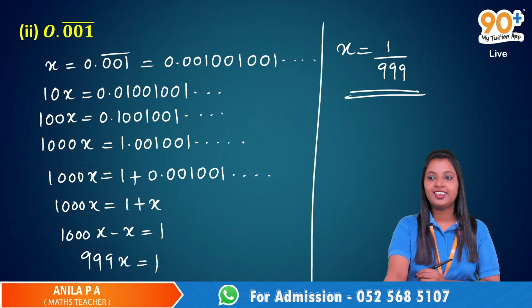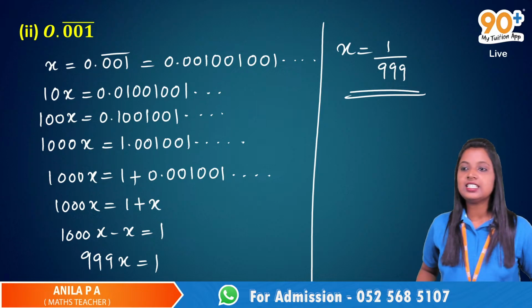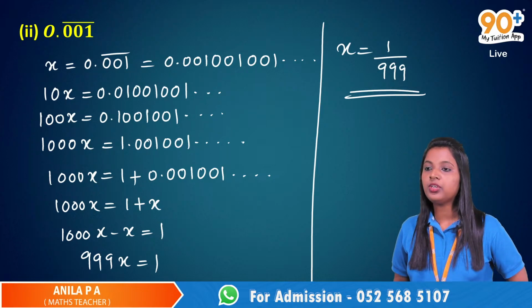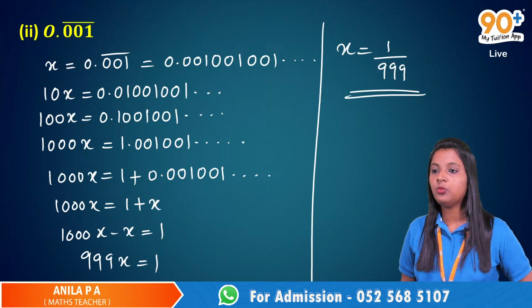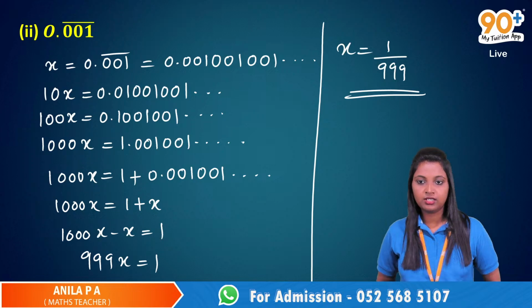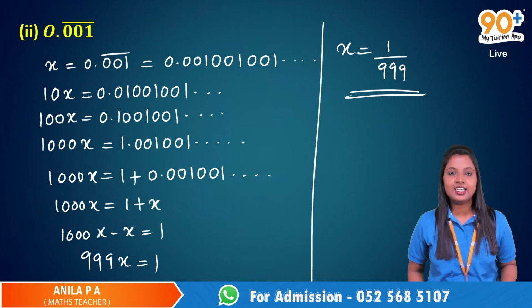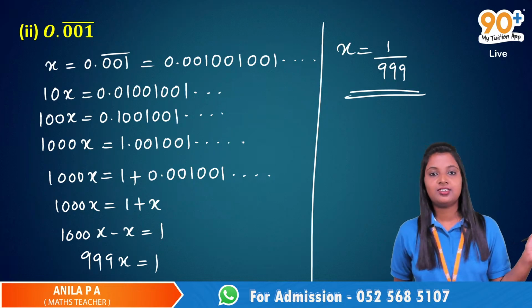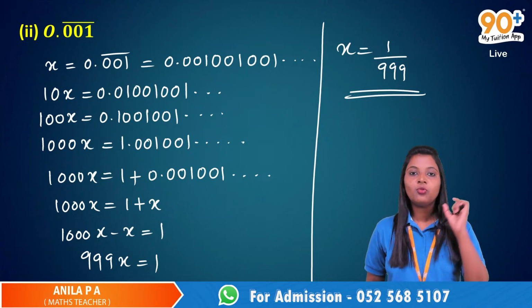Okay, I can see some correct answers. After doing 100x, it now becomes 100 bar? See, this bar is not going to change. It is for 0, 0, 1 bar.